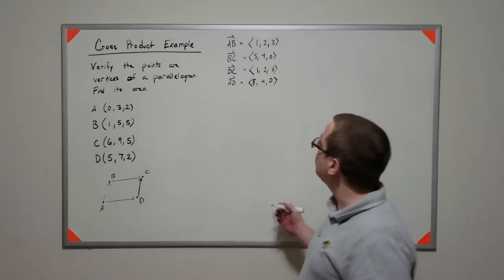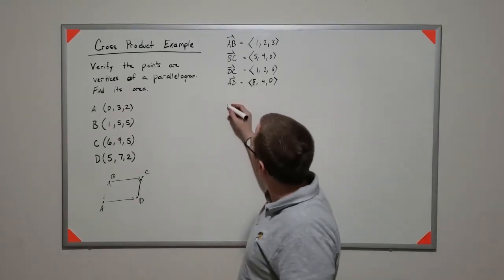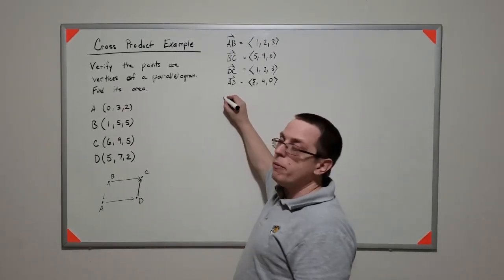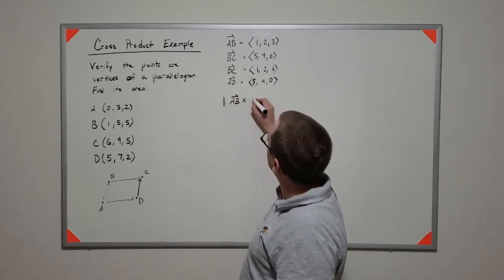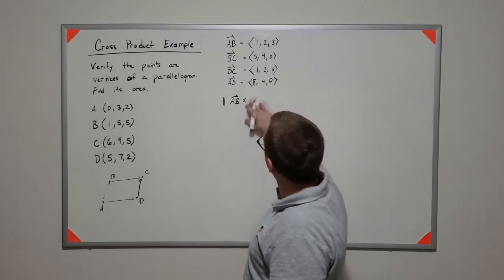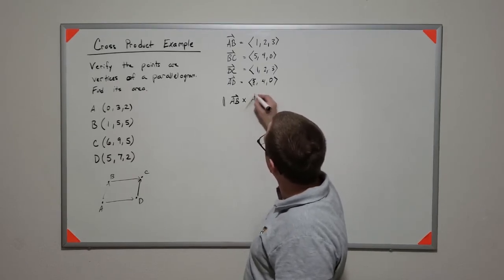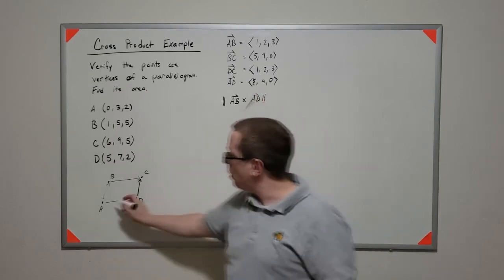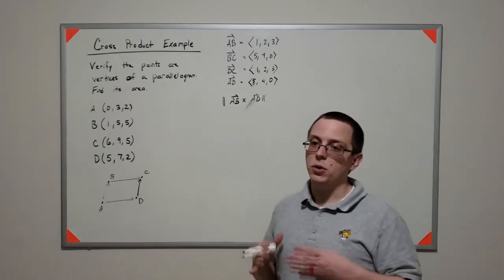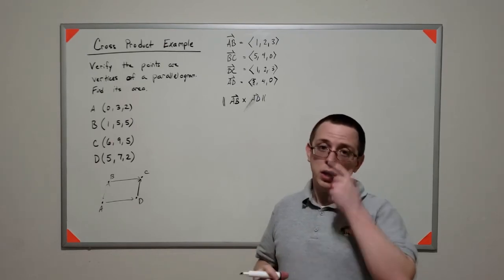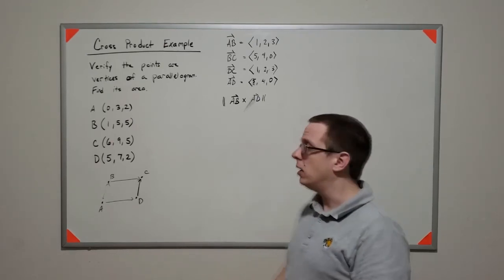So then what we would do is we want to get the magnitude of AB cross AD. Right? AB cross AD, the magnitude of that cross product is the area of that parallelogram.